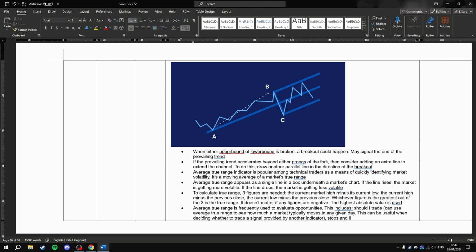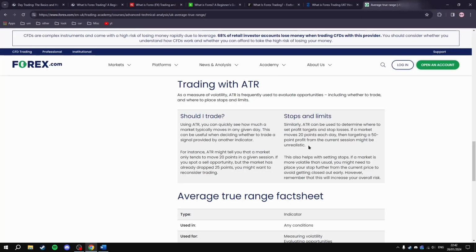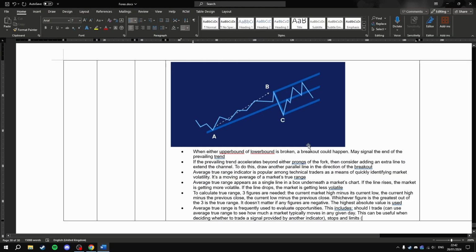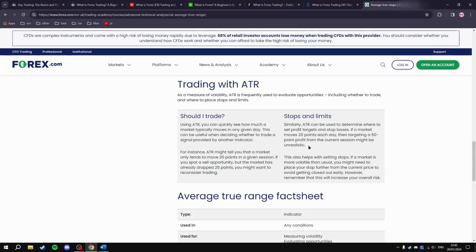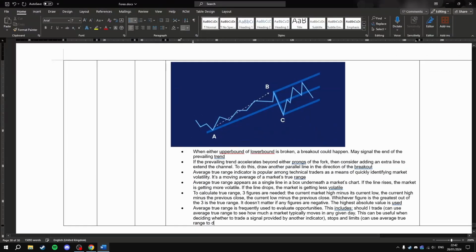Stops. Similarly, ATR can be used to determine where to set profit targets and stop losses.